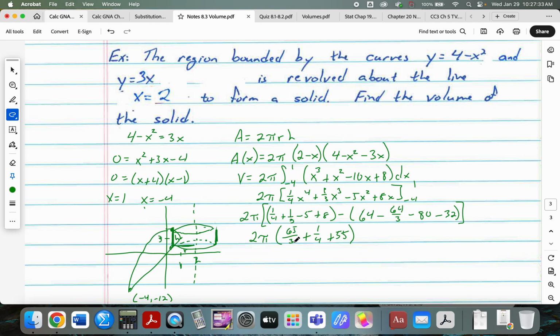So that is 30, 21 and 2/3. Oh, this is just awful, isn't it?